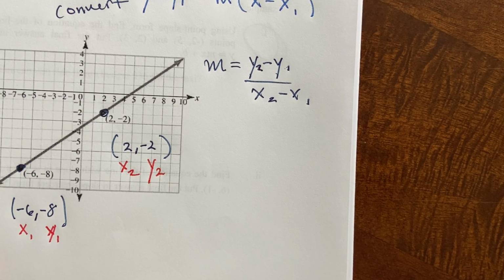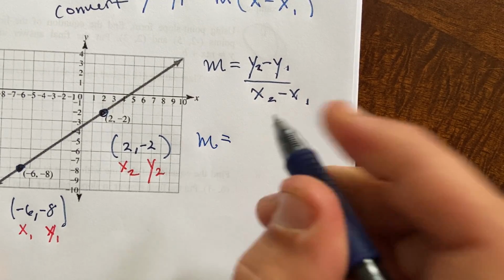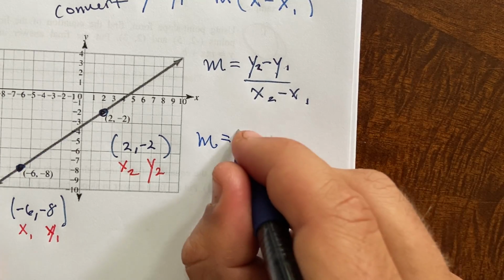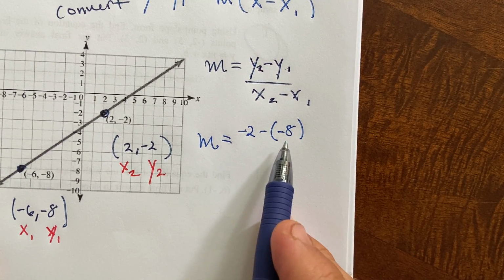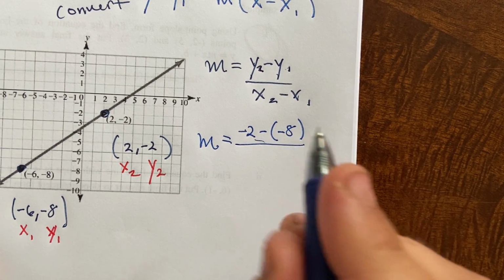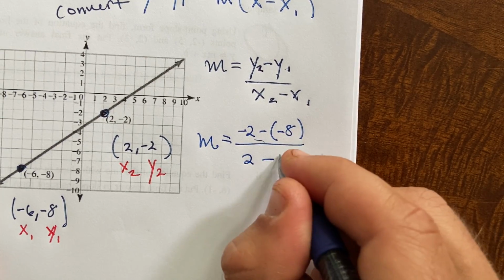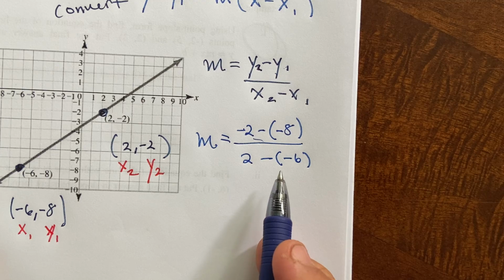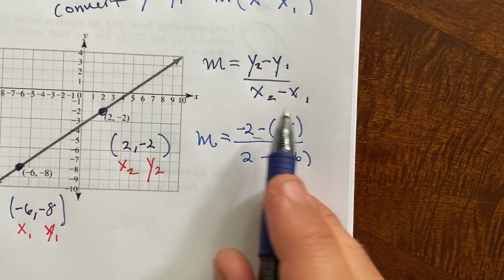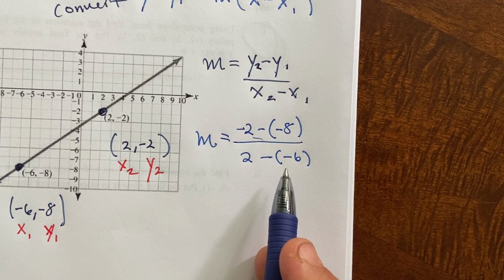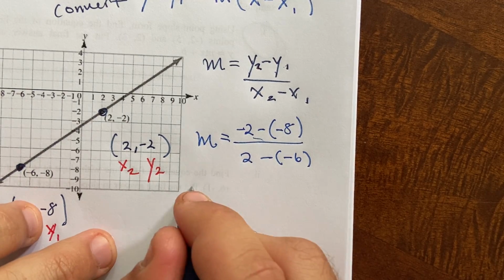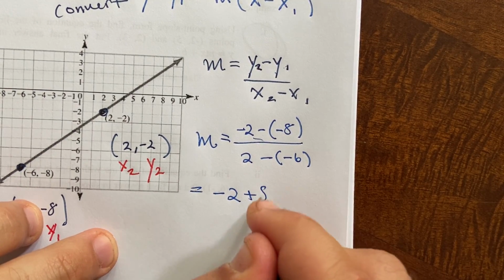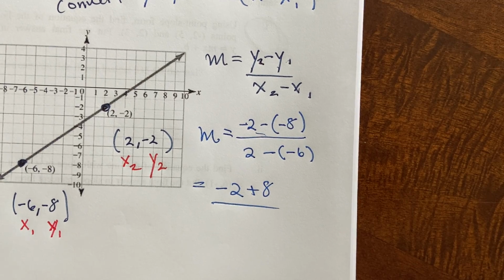So the slope between those 2 points, I'll plug in accordingly. So -2 minus -8, right? So y2 minus y1 over 2 minus -6, so x2 minus x1. And then we need to simplify. A negative times a negative here, so this simplifies to -2 plus 8 in the numerator.